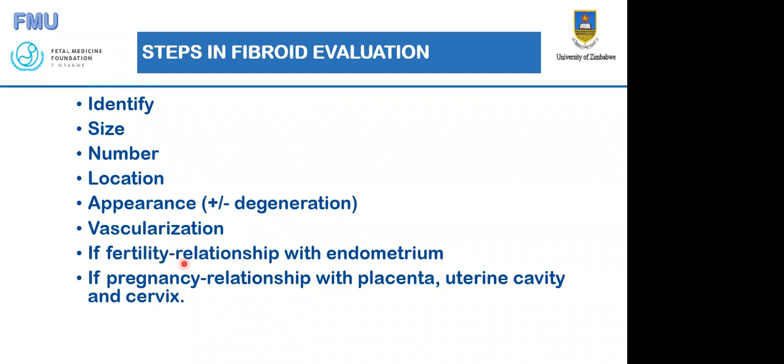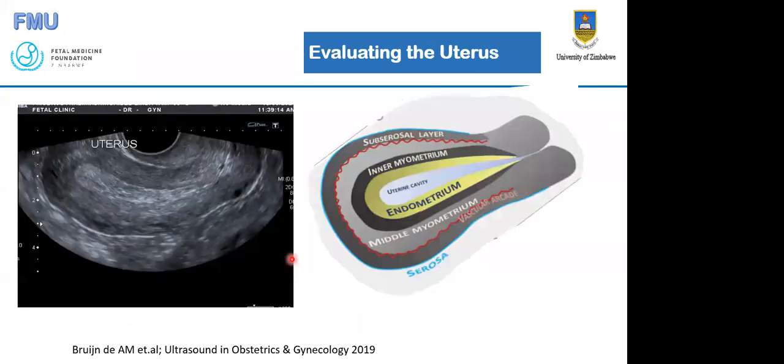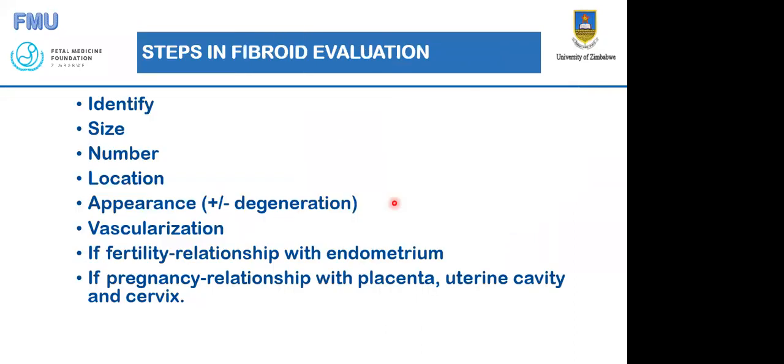In that case, if you find a fibroid, the relationship with the endometrium and the inner myometrial wall should be mentioned because it is of importance in infertility. The fibroid could be the reason why the woman is failing to conceive if it is interfering with these structures. So it's very important to know the context. This is why history is important, and you cannot examine somebody without taking their history.